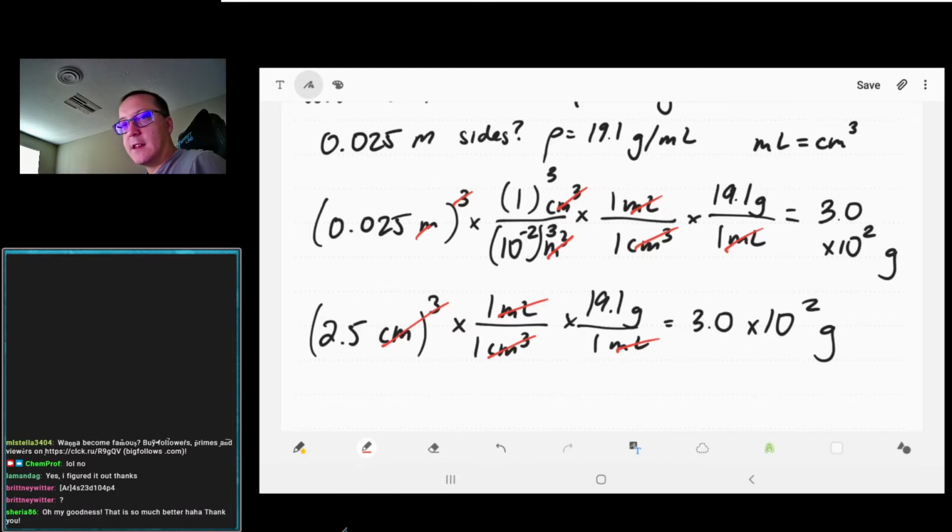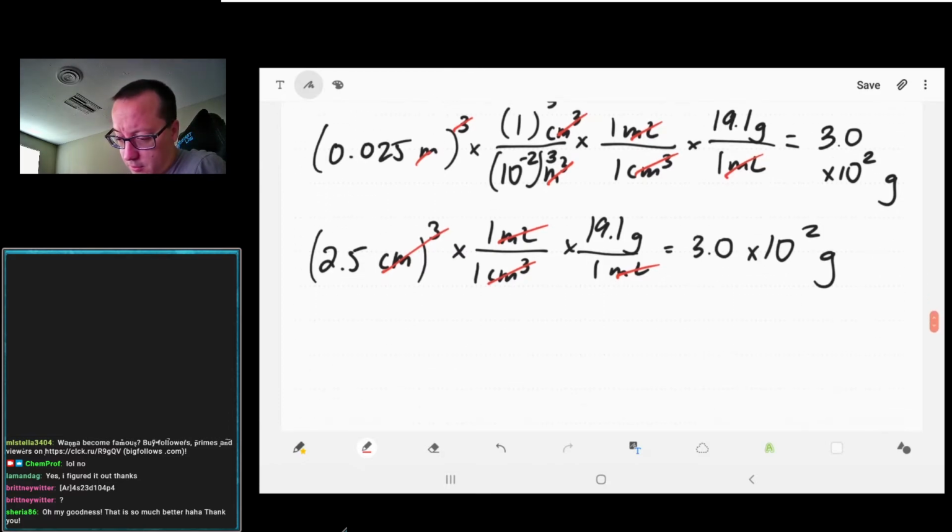So again, density is just a conversion factor for you to throw into your unit conversions. I guess we haven't done one with solving for a volume.